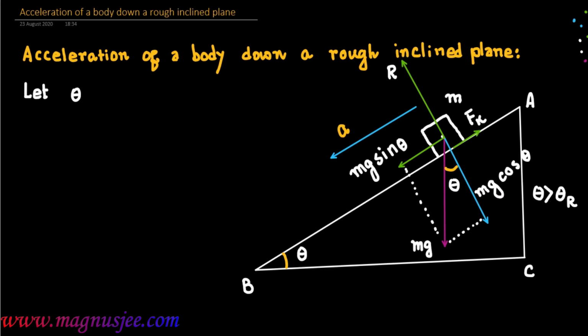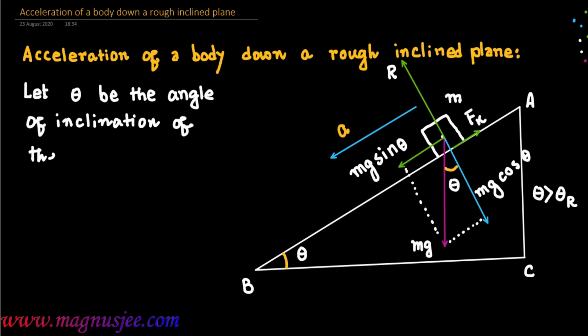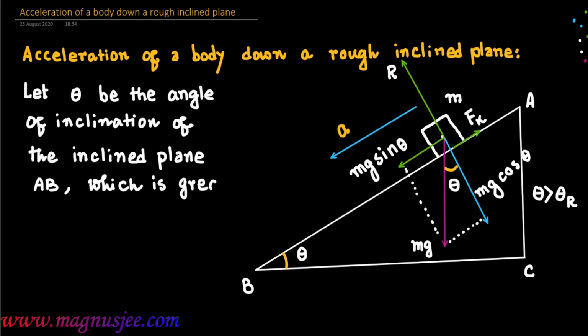Let theta be the angle of inclination of the inclined plane AB, which is greater than the angle of repose.